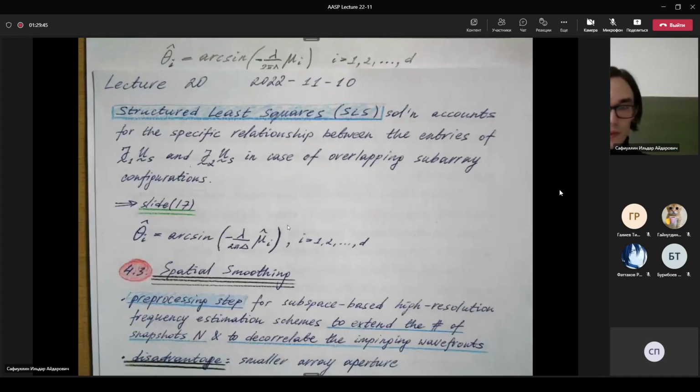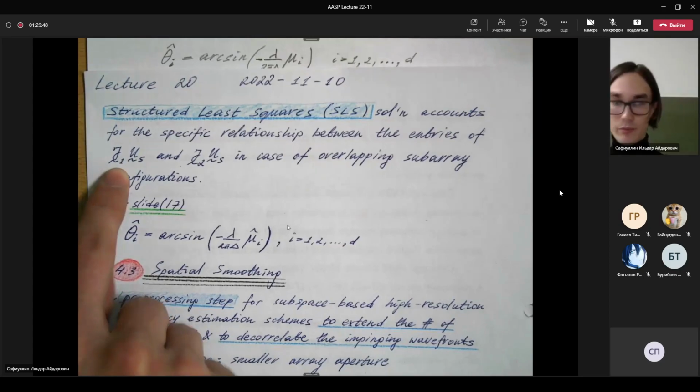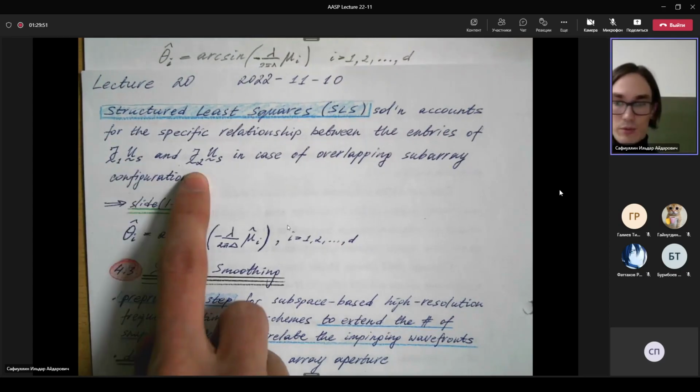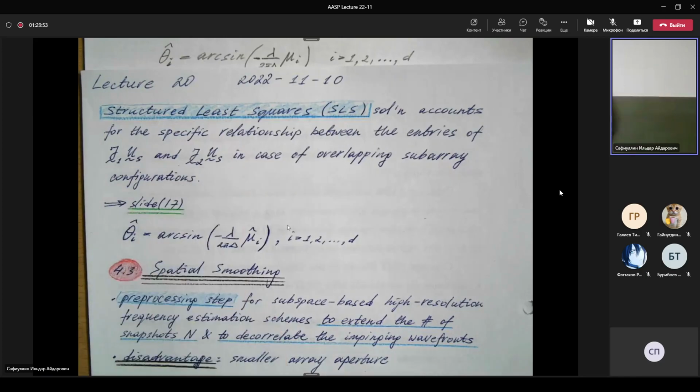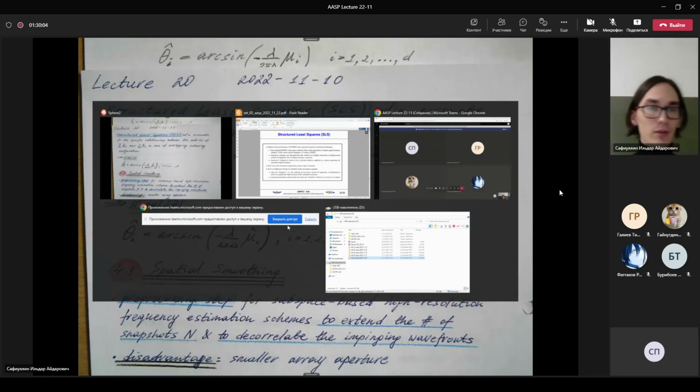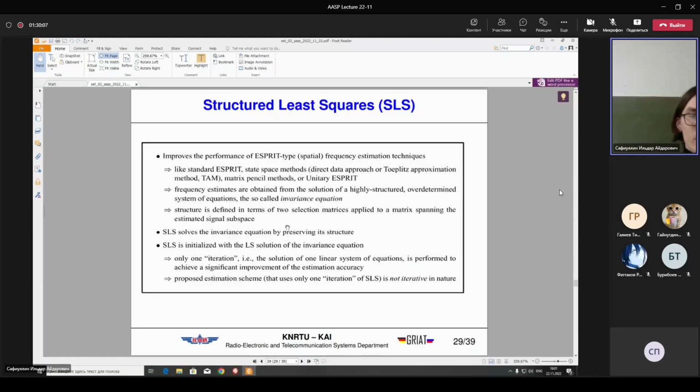It means the multiplication of selection matrix 1 with U sub S and selection matrix 2 with U sub S. One more time: structure is defined in terms of two selection matrices applied to a matrix spanning the estimated signal subspace. And then this SLS algorithm solves the invariance equation by preserving this structure.